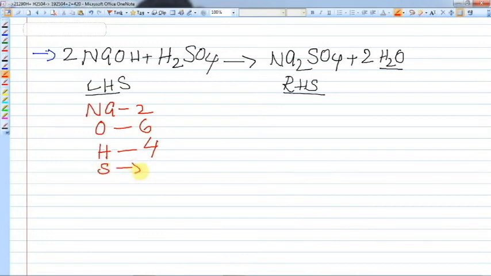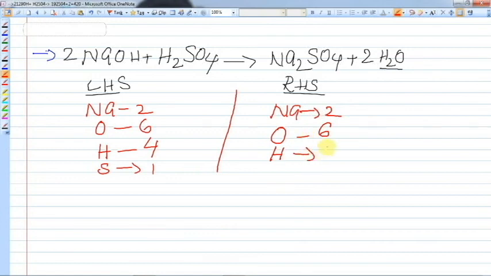On the right hand side, sodium atoms are 2, oxygen atoms 4 plus 2, 6, balanced, and hydrogen atoms 2 twos are 4.